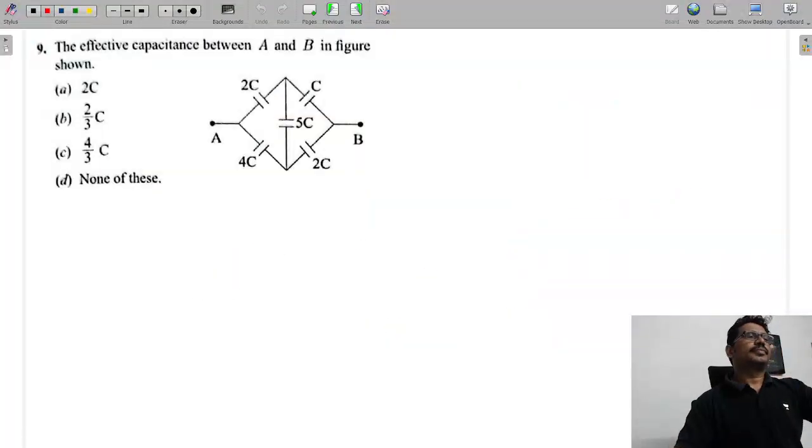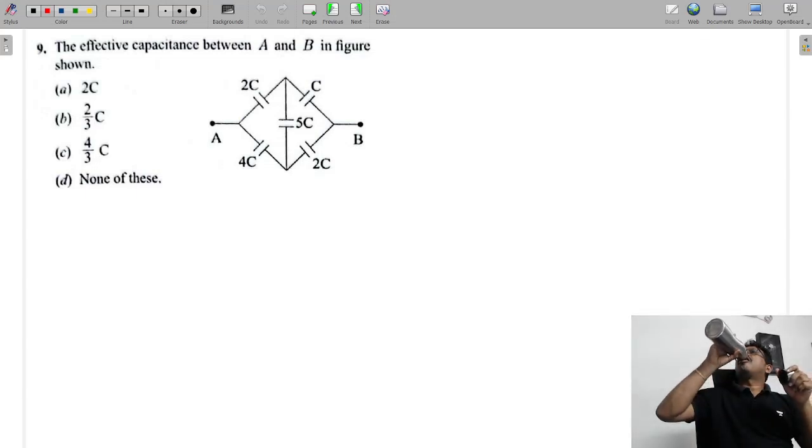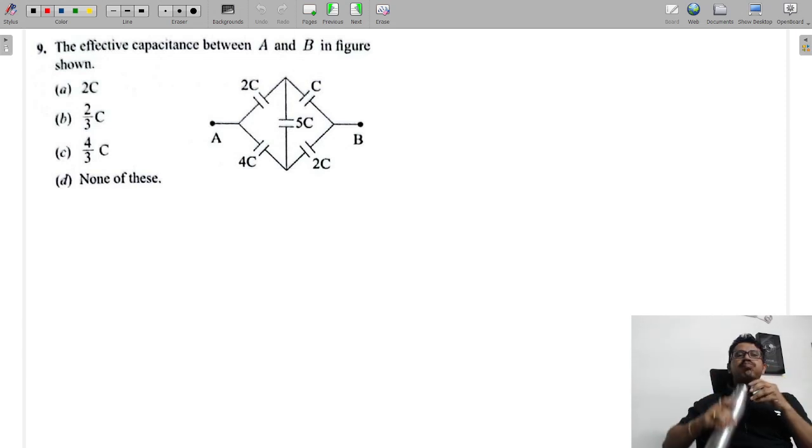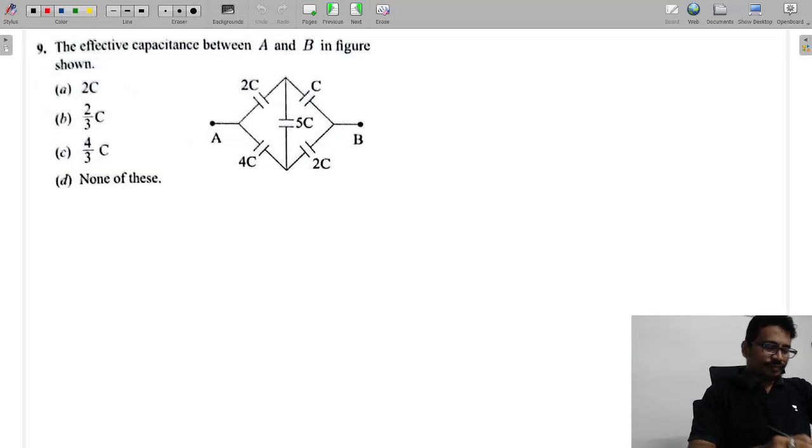Next one. The effective capacitance between A and B. Whenever a bridge is given, what we need to do is check for the balancing of the bridge.